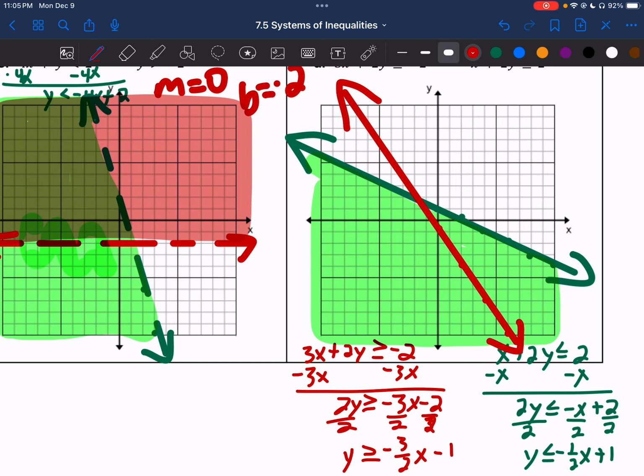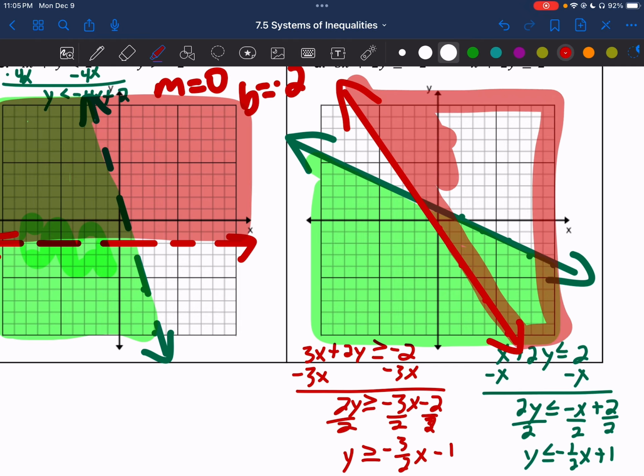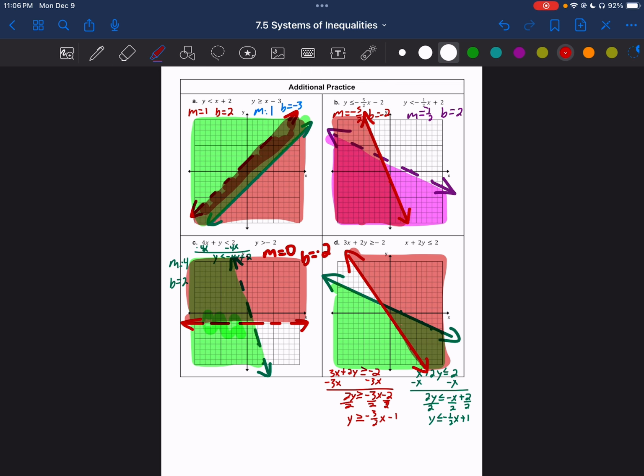And you're going to shade. So it is greater than or equal to, so I am shading above. And we're going to see that sliver in the bottom right-hand corner of the graph is going to be where our overlapped region is.